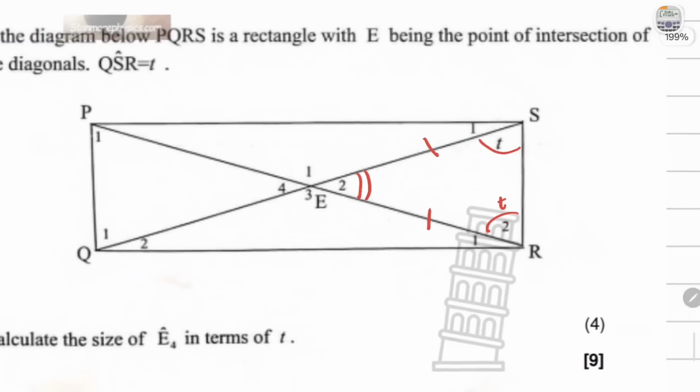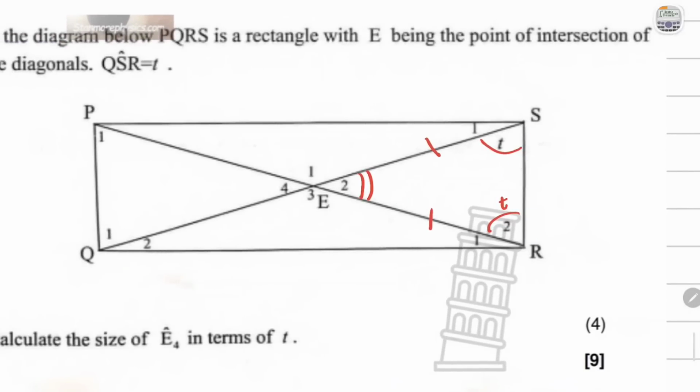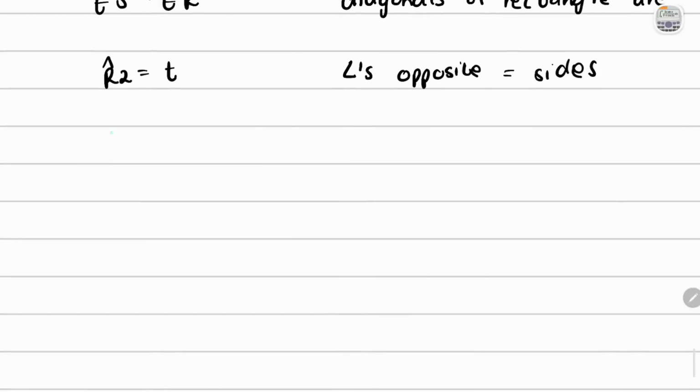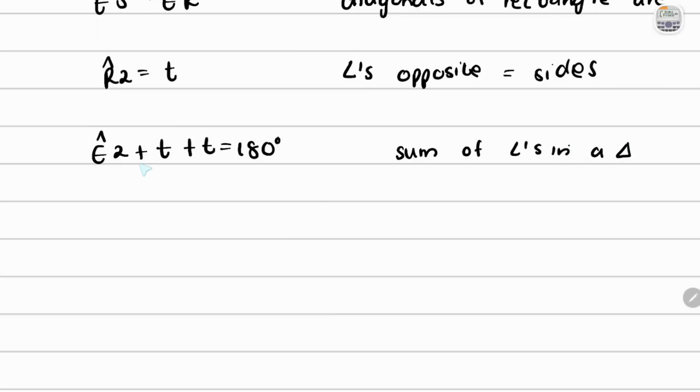So to find angle E2, this is a triangle. So we can use the sum of angles in a triangle. So we're saying angle E2 plus T plus T, and they're going to add up to 180 degrees because they lie in a triangle. So angle E2 plus T plus T equals 180 degrees. And this is because of the sum of angles in a triangle.